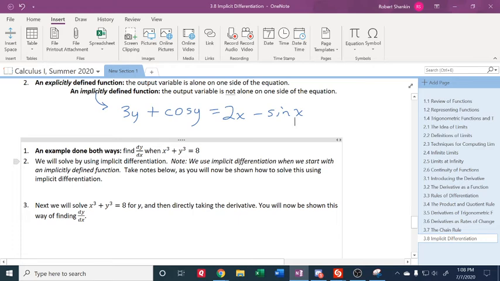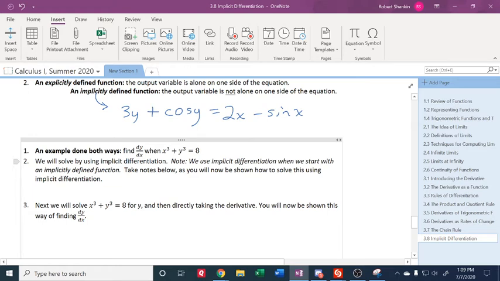Note, we use implicit differentiation when we start with an implicitly defined function. All right. If this had been y equals something, we wouldn't use implicit differentiation. Since it's not y equals something, the y isn't alone on one side of the equation, then this is an implicitly defined function.